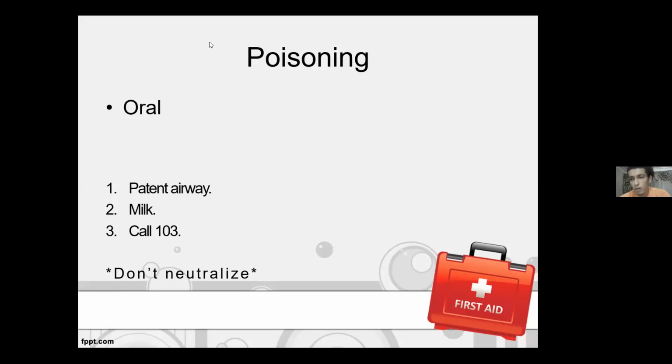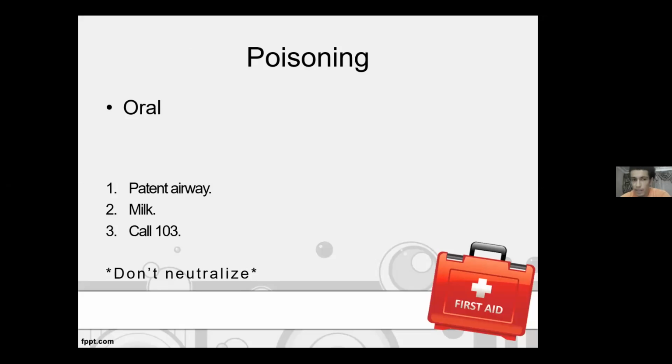Any oral poison. If I took SO4 sulfur, it burns the pharynx or burns the mucus, so I will drink milk to protect the mucus from being irritated by the sulfur. If I took any alkali, anything that interacts, milk will protect the stomach mucus from irritation. Alcohol poisoning also, right? Yeah.